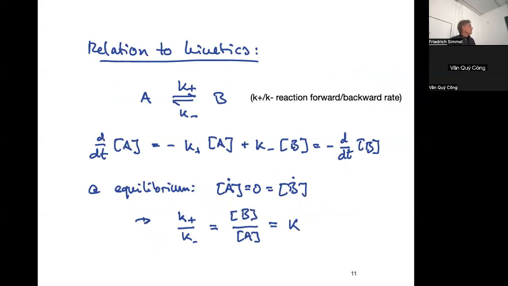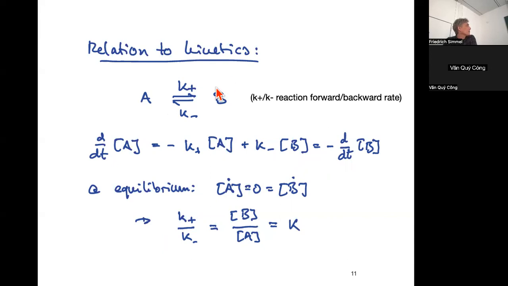So finally, thermodynamics is connected to kinetics in the sense that if you look at such a chemical reaction, then there will be conversion of molecules A into B and vice versa. So when you're at the equilibrium state, the concentrations are not supposed to change anymore, and therefore any reaction in this direction must be compensated by another reaction in the opposite direction.